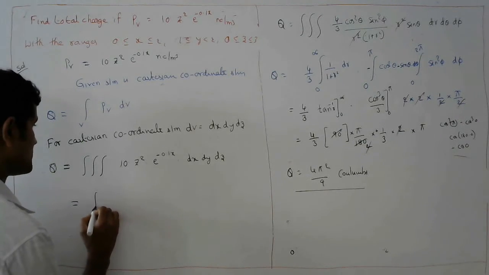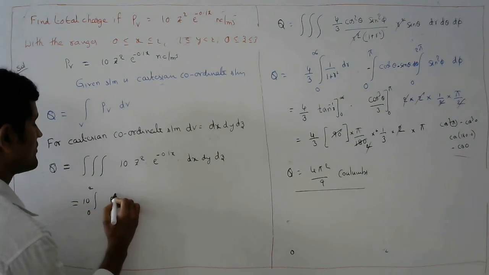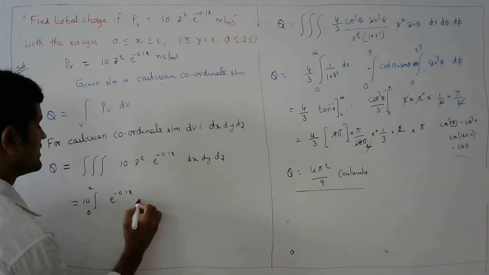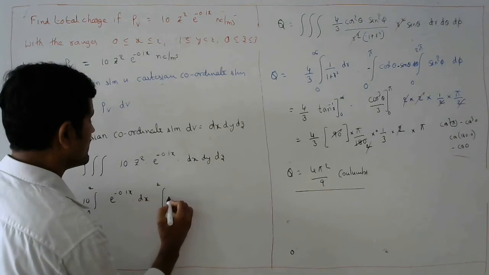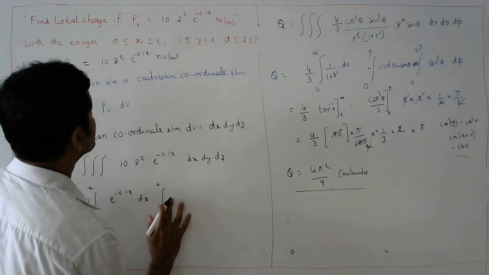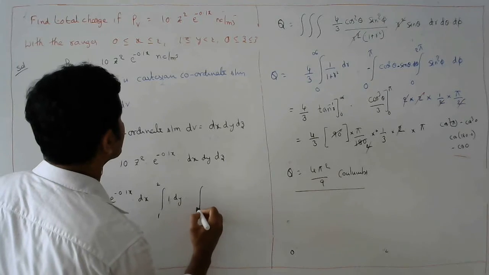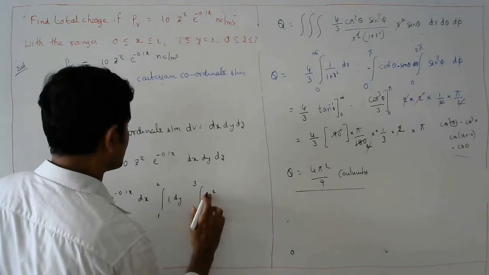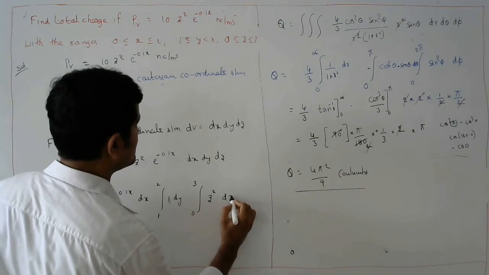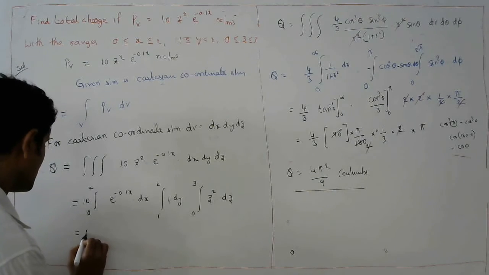The x range is 0 to 2: integral of 10 e to the power of minus 0.1x dx, times the integral from 1 to 2 of dy, times the integral from 0 to 3 of z squared dz. If we integrate this, we can get the final charge value.